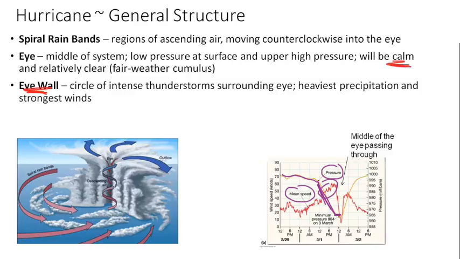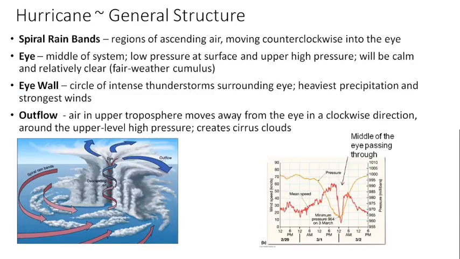Then it levels out at a very low pressure in the eye of the hurricane. Then as the storm passes these measuring devices, we get to the eye wall again, where the pressure increases quickly and we have crazy wind speed again.